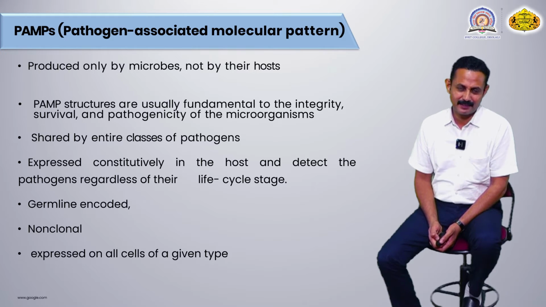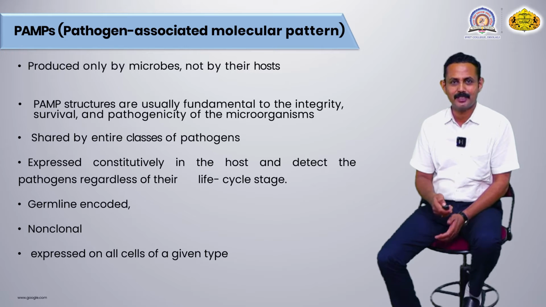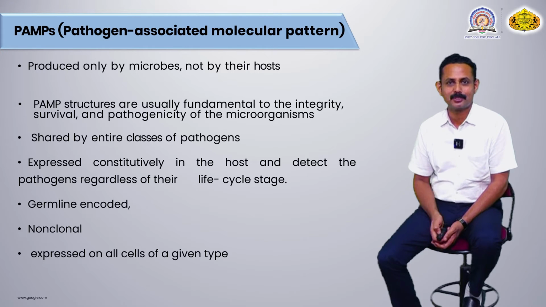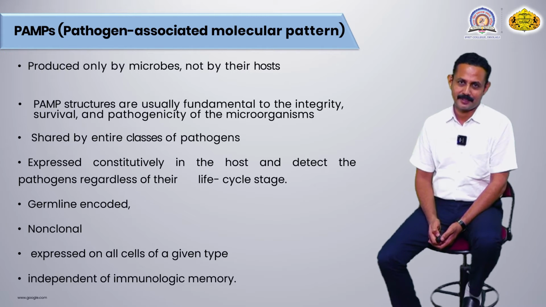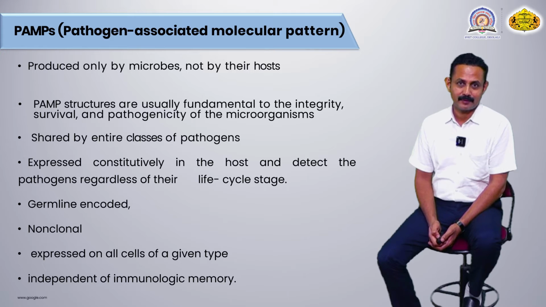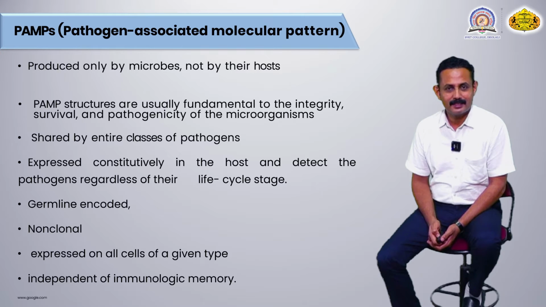If one specific cell type, for example connective tissue cells, expresses them, then all the connective tissue cells produce these receptors and are responsible for destroying that pathogen. These do not have any kind of immunological memory. It means that when they are produced, they are not stored in the memory of the immunological cells.